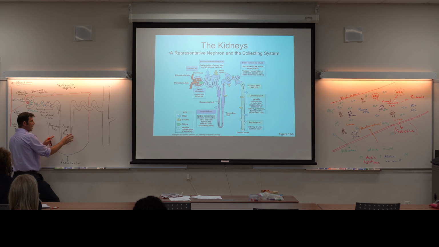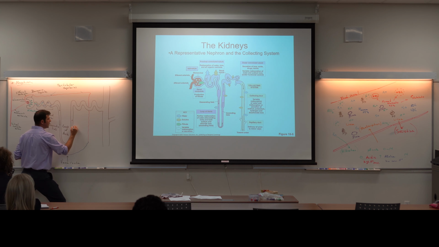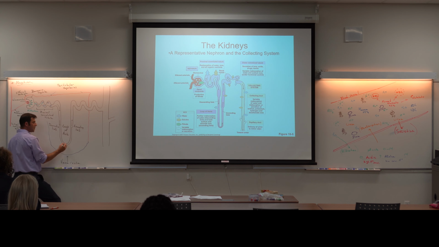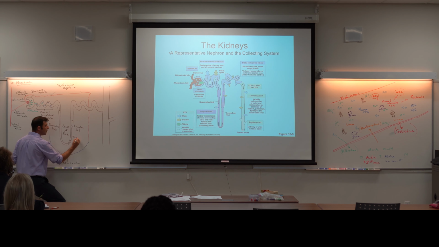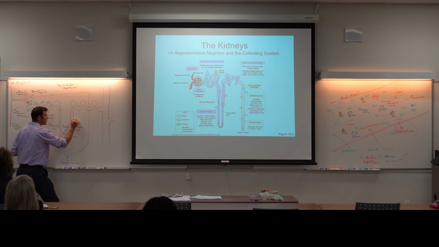We'll talk about the different sides of the loop of Henle. We've got a descending limb. Then up here we have an ascending limb. Anything on this side is the ascending limb. So the first part of it is considered the thin segment of this ascending limb, and then there's the thick segment.